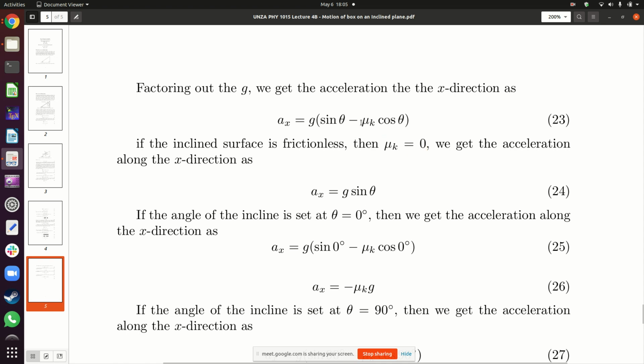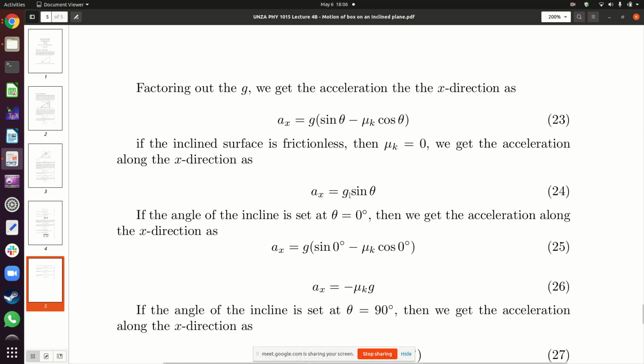Then this part is going to be 0 multiplied by cos theta. 0 multiplied by anything is going to give you a 0. So the only thing we're going to remain with is sine theta minus 0, so g sine theta. So the acceleration in that case is going to be equal to g sine theta.